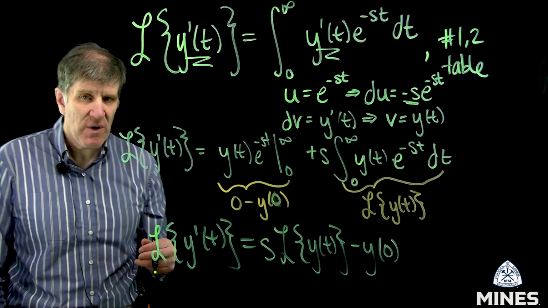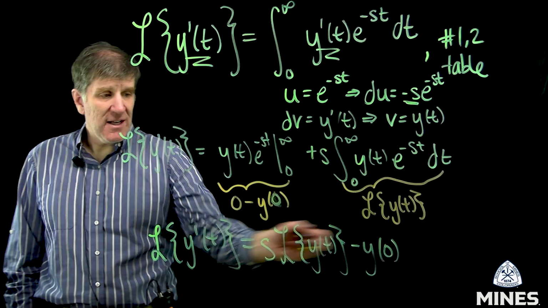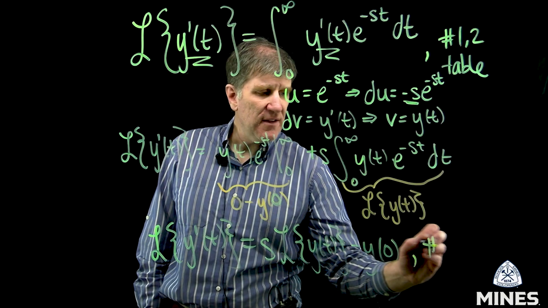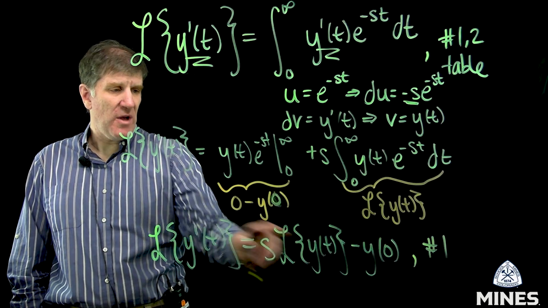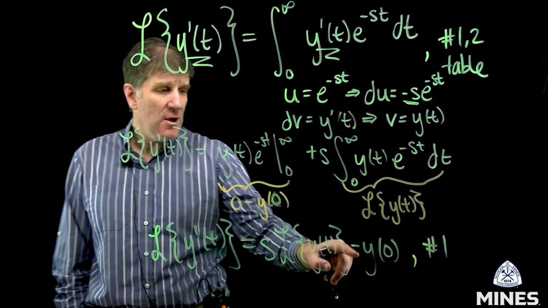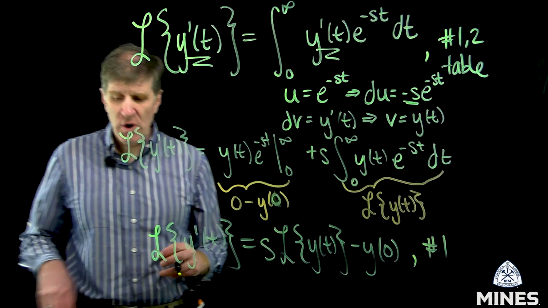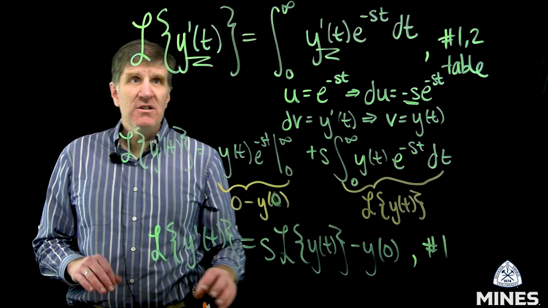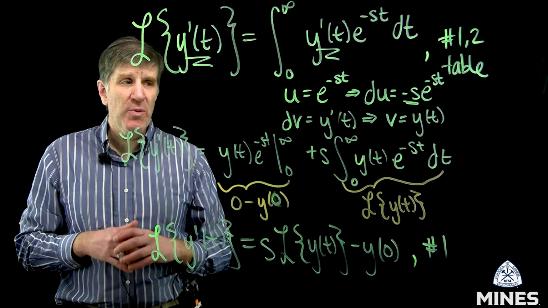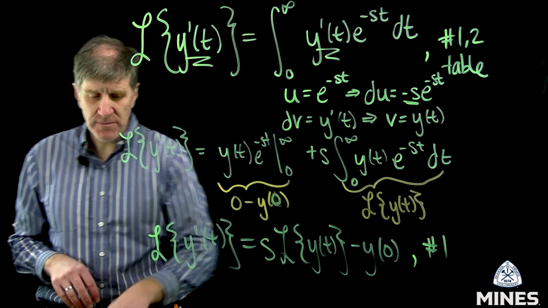So that should have been a 0, not a t. And that is line 1 in the table. The Laplace transform of a derivative is s times the Laplace transform of the function itself minus the function evaluated at 0. Let me show you now how we can use that to get the Laplace transform of y double prime without doing more integration.